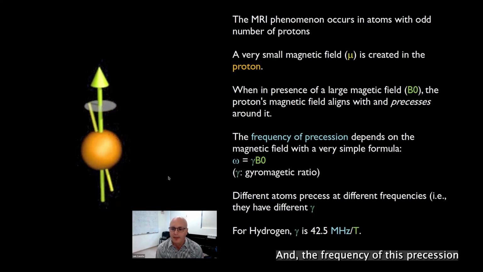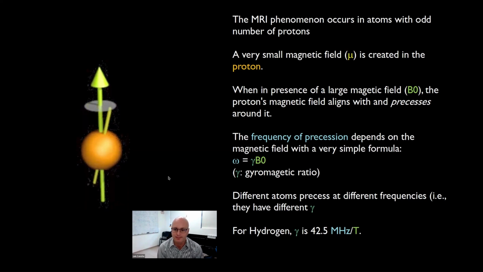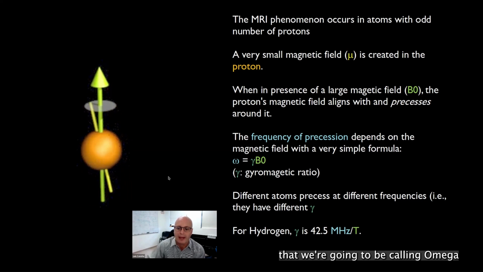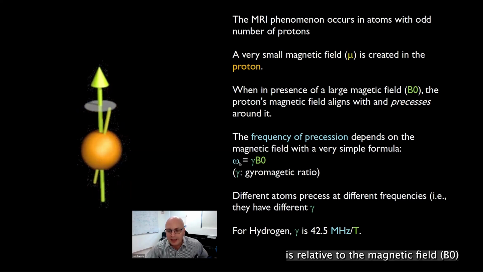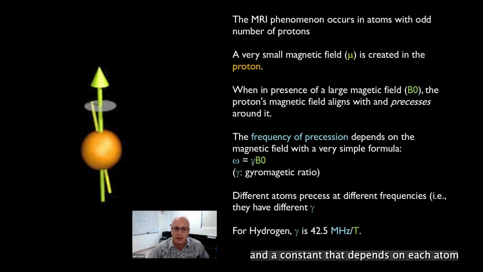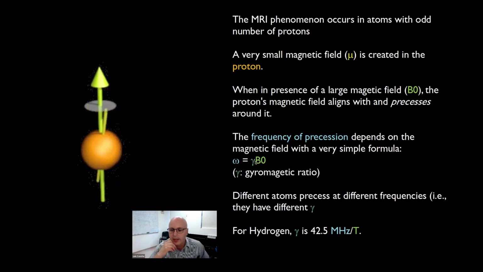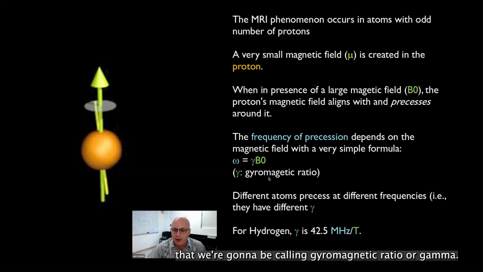And the frequency of this precession, that we're going to be calling omega, is relative to the magnetic field B0 and a constant that depends on each atom that has the property of MR precession, that we're going to be calling gyromagnetic ratio, or gamma.